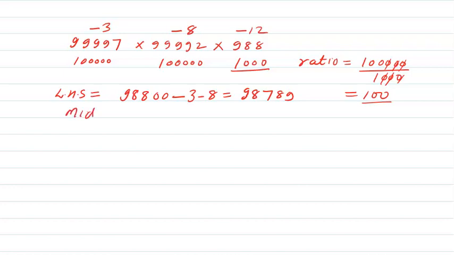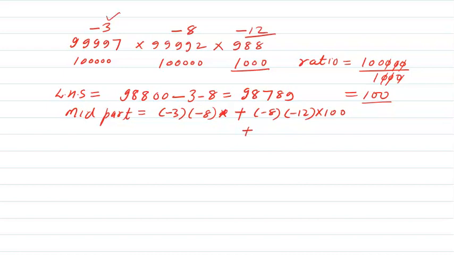What will be the middle part in this case? To calculate the middle part, I take the two numbers and multiply them at a time. So minus 3 into minus 8, and both of them correspond to the bigger base, so there is no need to multiply by the ratio. Then plus, here we take the other number, that is minus 8 into minus 12, but this time this minus 12 corresponds to the smaller base, so I need to multiply it by the ratio as well, and plus.